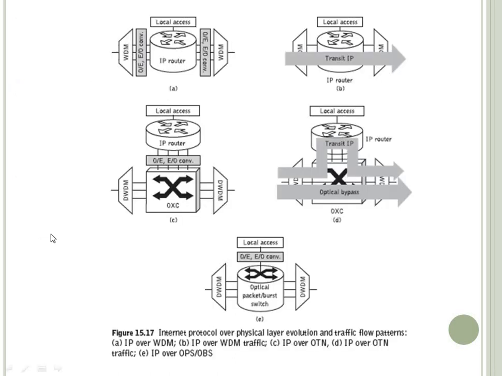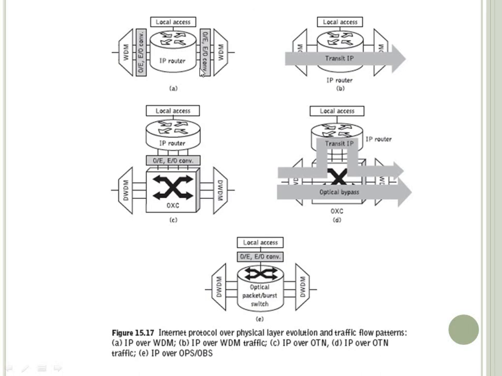So implementation schemes for IP over DWDM and IP over OTN are shown here. IP over a point-to-point WDM network employing optoelectrical conversion at the edges for IP routing is shown here. In this case, the routers are directly interconnected with the high capacity point-to-point WDM links.